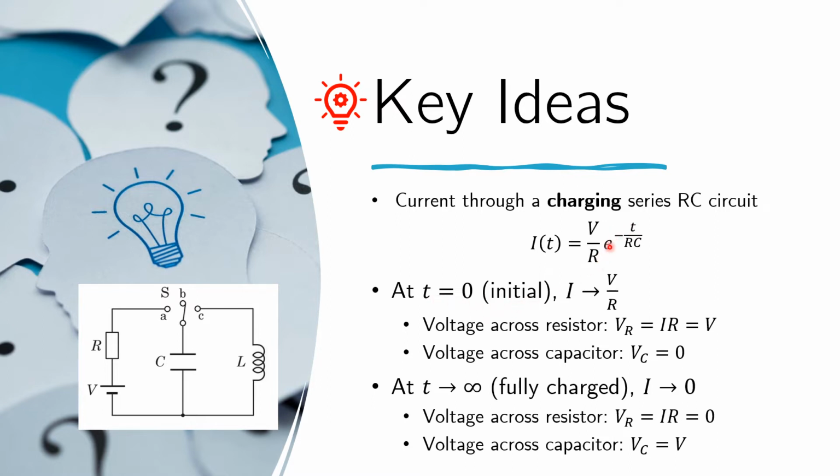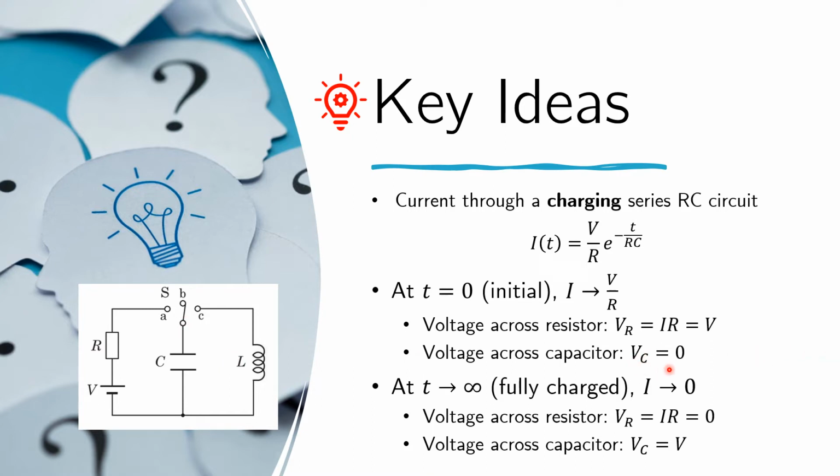And we see that we get the expression of current which approaches V over R. That means the initial current through the circuit is V over R. And so if you look at the resistor, the voltage across the resistor is IR from Ohm's law. Therefore, if we substitute V over R for I here, we obtain V, and this is the initial voltage across the resistor.